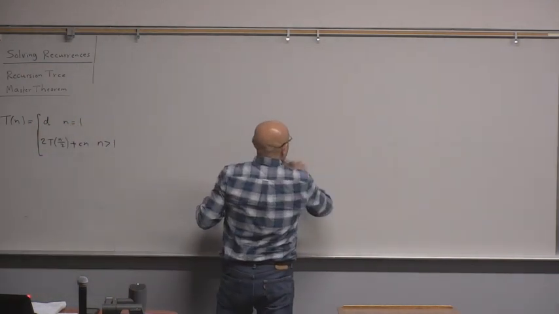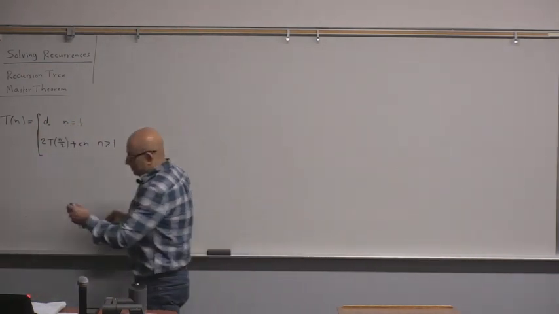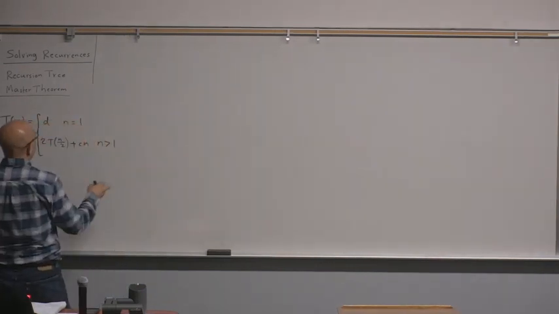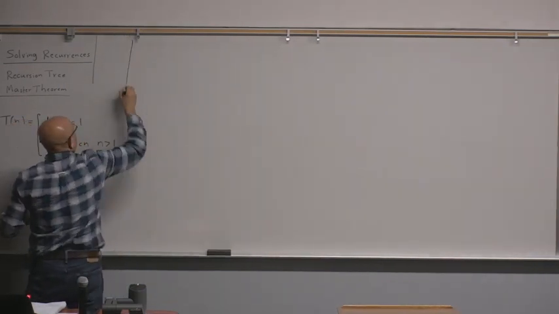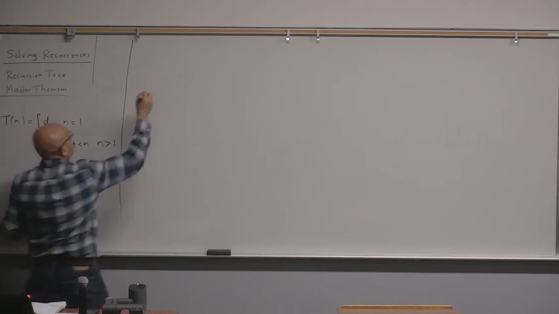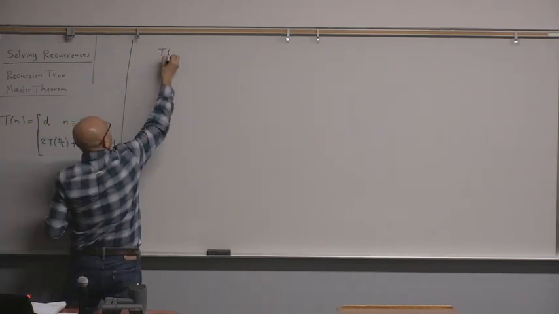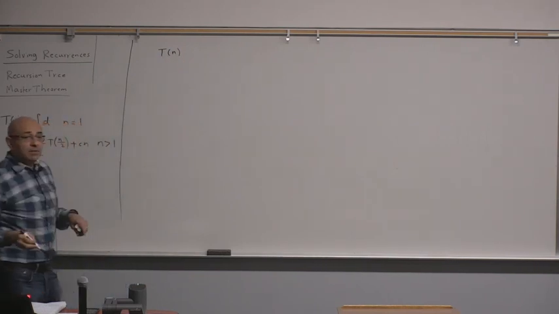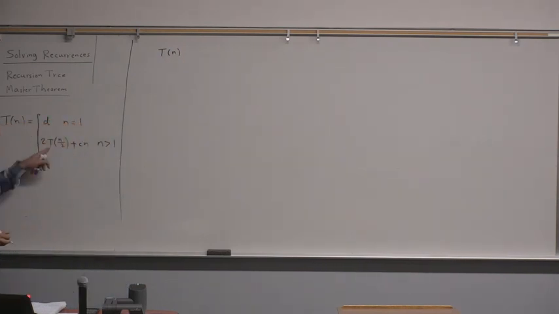Okay, now the recursion tree method will solve this as follows. So it will say, okay, this is T of n, but I'm going to do some substitution. T of n consists of 2T of n over 2 plus cn.